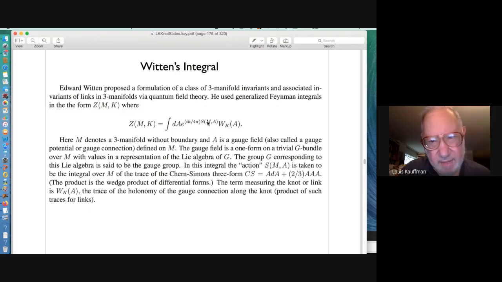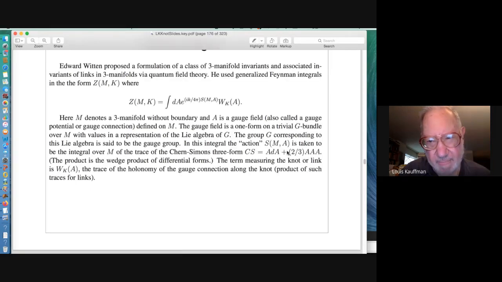Now, the thing that I'm integrating, the Lagrangian, is a certain three-form, which has this form for the gauge field. I'm about to tell you definitions of things. A gauge field depends on a Lie group and Lie algebra. And this Chern-Simons form, which takes the form of the Lagrangian, is a differential three-form, and it is A wedge dA plus 2/3 A wedge A.